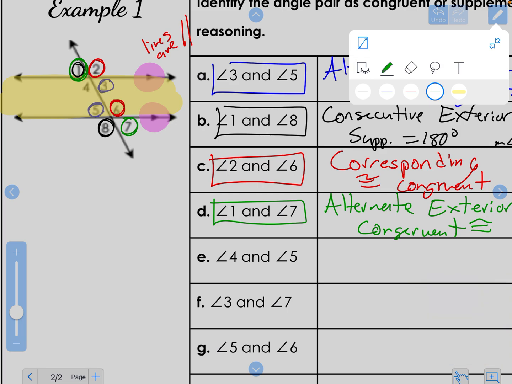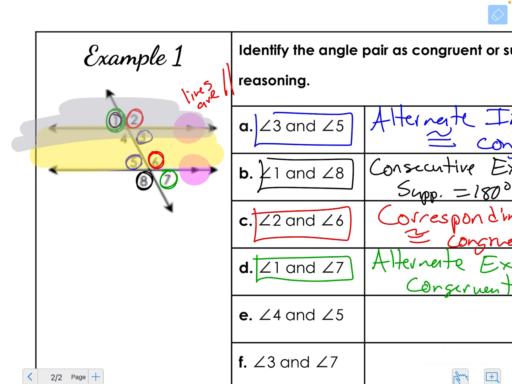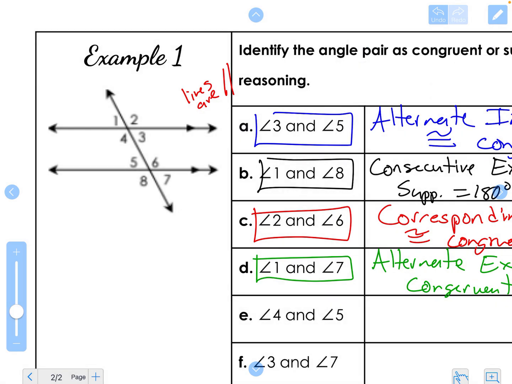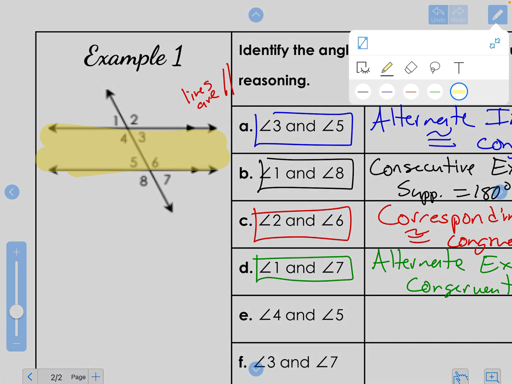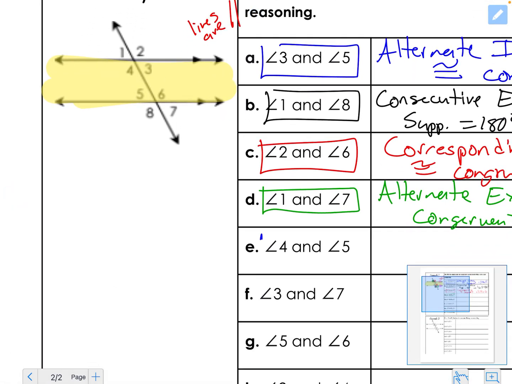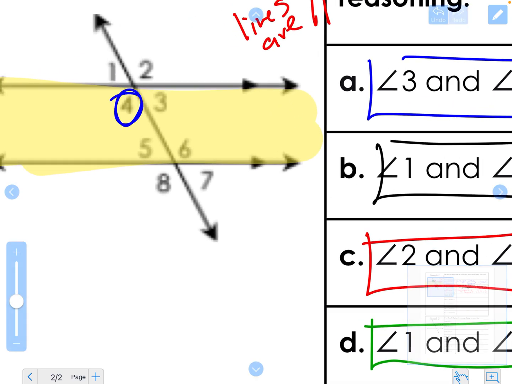All right, and now I get to start repeating colors. So let's erase some of this stuff right here and let's start over. So again, I'm going to shade the interior so that helps us visualize and helps us see. Then we're going to go back to blue. So now I'm looking at angles 4 and 5. I know that they are both interior because they are both in the yellow.